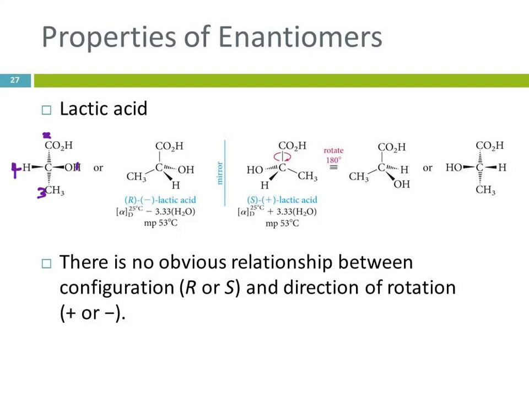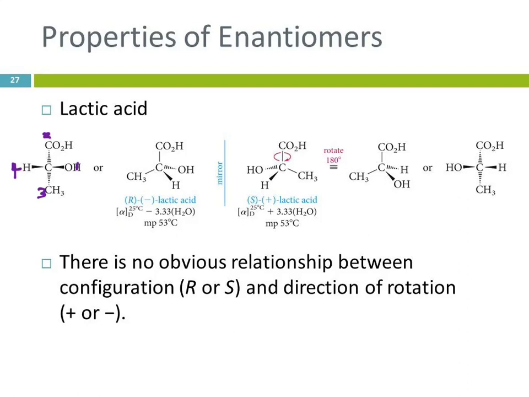If you point your thumb along this carbon-hydrogen axis, which hand works to start with the high priority and then move to the second and to the third. And so I'm getting a different result for that. These are going, oh wait, no I am not. I got my hashed wedges and my solid wedges backwards.